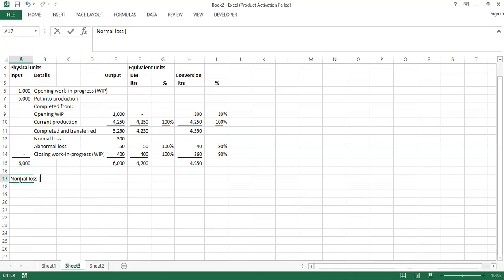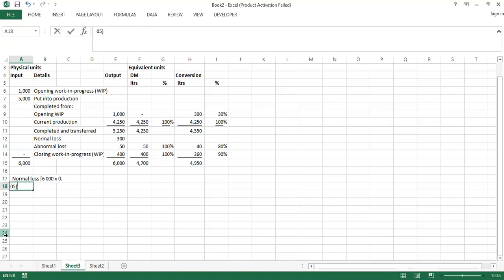In this instance, we concluded that both the opening work in progress and the closing work in progress, by looking at the respective percentages, have gone through that normal loss. So we are taking the total of the units that we put in, which is 6,000. Then you're multiplying by the normal loss, which you're told has to be 5%.